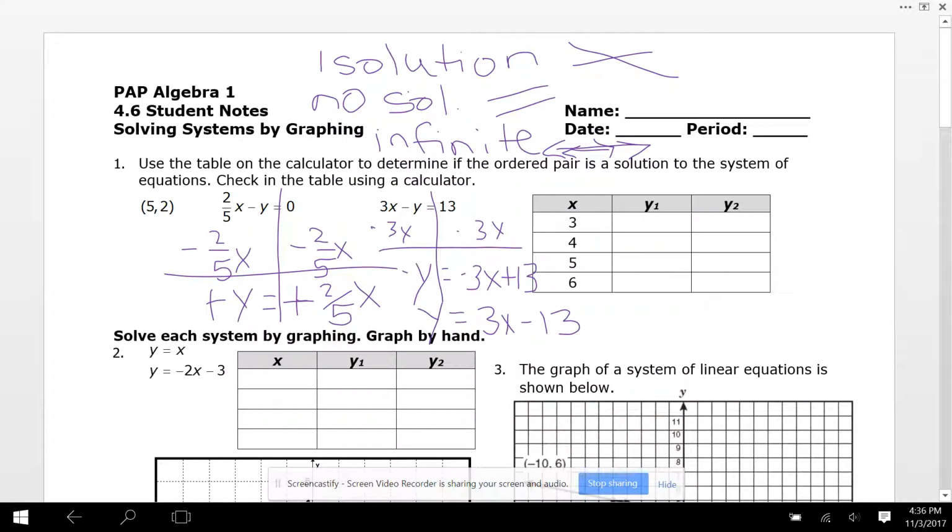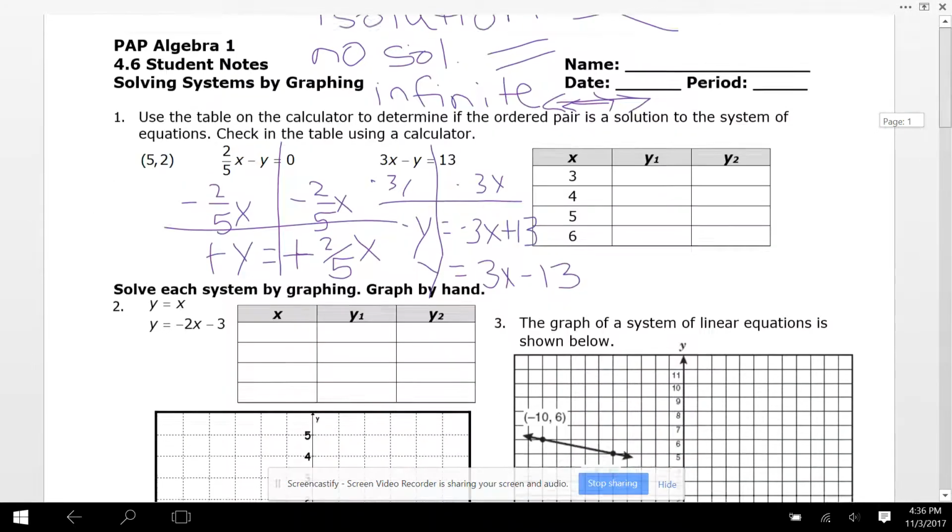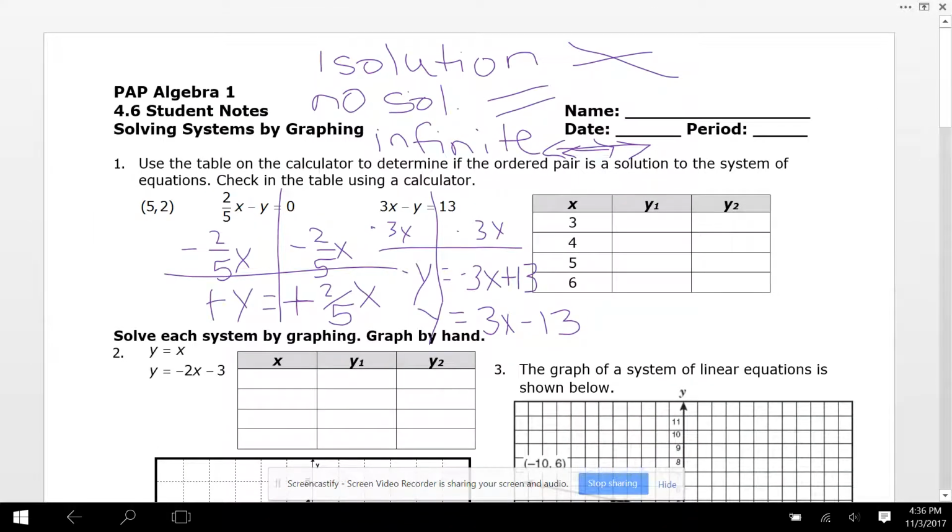So what I did with my graph was, I think it's down here somewhere at the bottom. There it is. Okay. So let me go ahead and fill that in. So number 3 was, notice I had y1 and y2, and I just copied them down. y1 is going to be this one, and y2 is going to be this one.